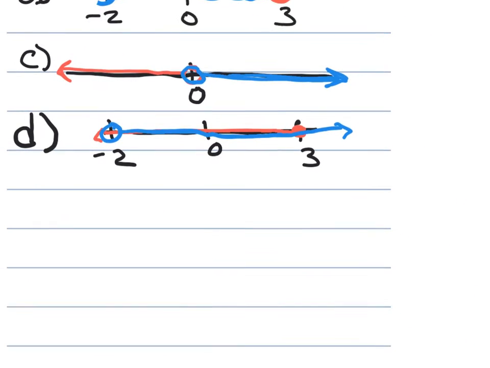So the truth is, every single number is included, because 3 is included and -2 is included on the red line. It can be true on either line, not and. We're not looking for overlap here. So we've got -2, we've got 0, we've got 3. It means that all of these numbers are going to be included.